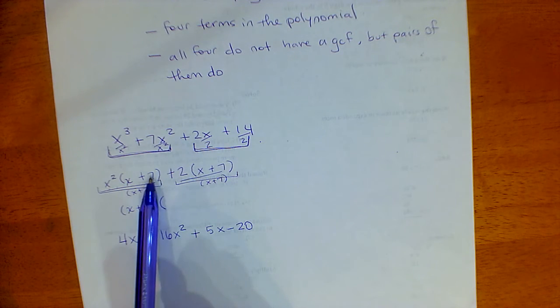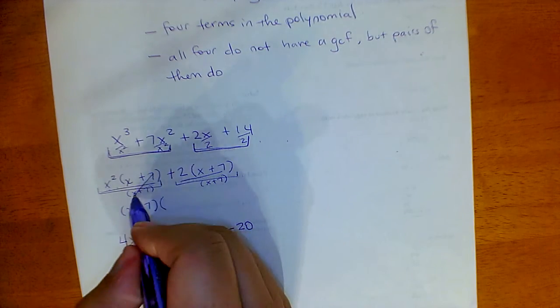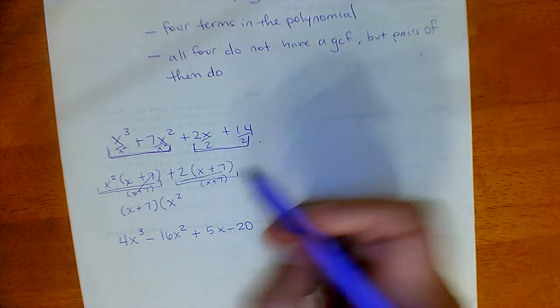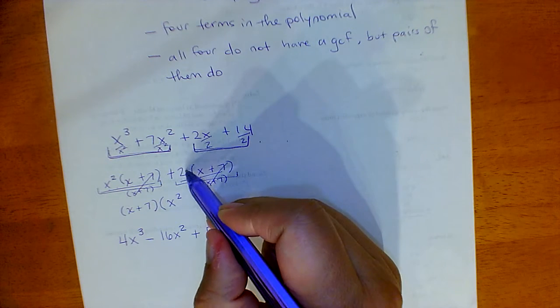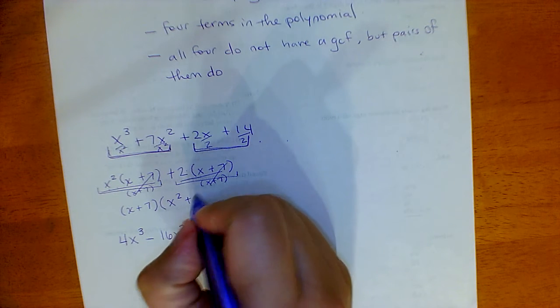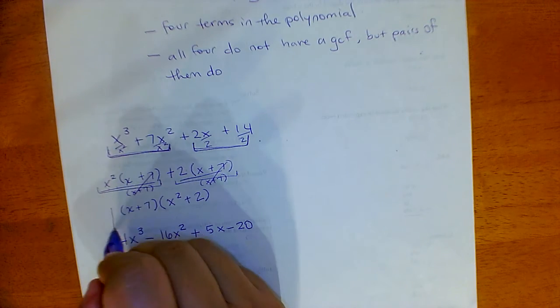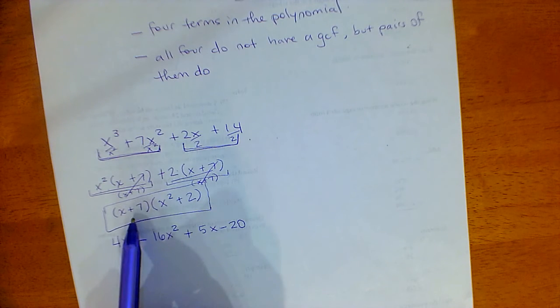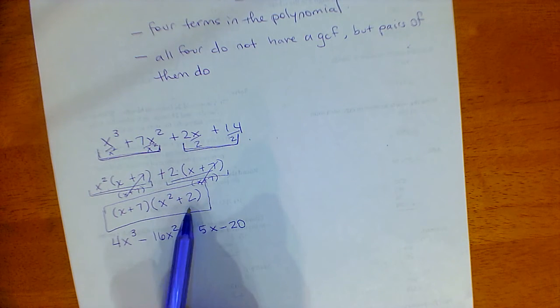Here, x squared times x plus 7 divided by x plus 7. These 2 quantities cancel, so we're left only with an x squared. And here, again, this cancels and leaves me only with that positive 2. So I have this factorization right here of x plus 7 times the quantity x squared plus 2.